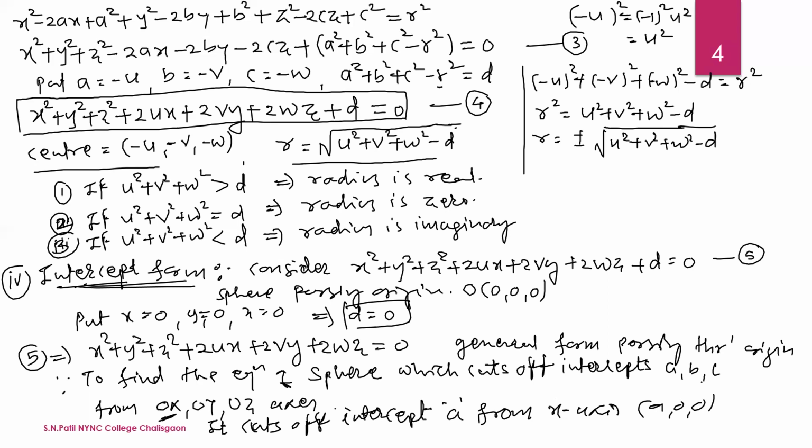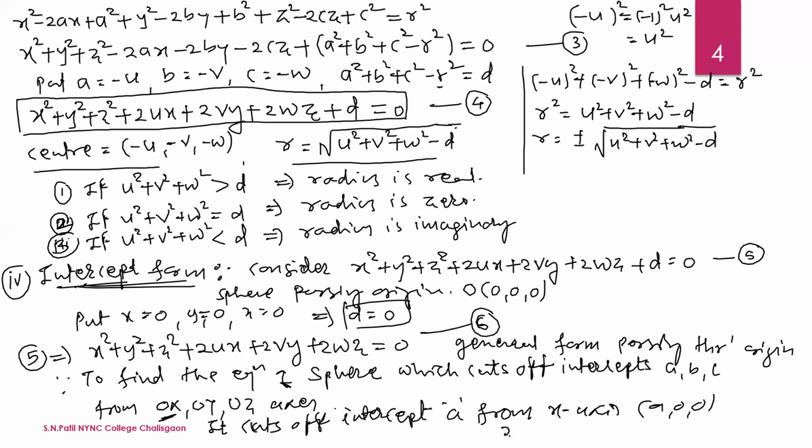Then this (a, 0, 0) satisfies the general form of the sphere passing through the origin, say equation number 6. Now put y is 0, z is 0.